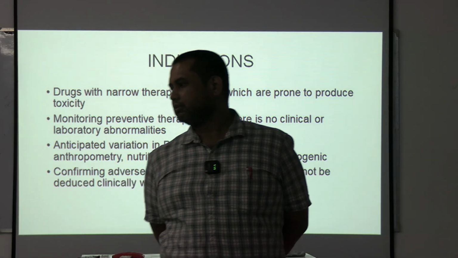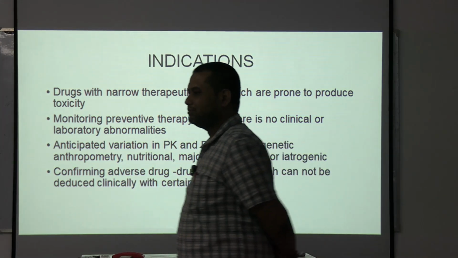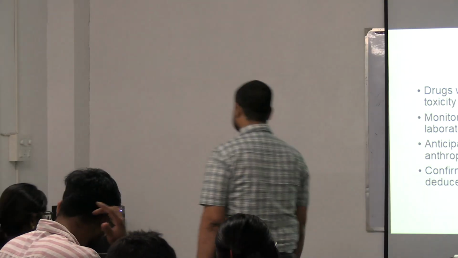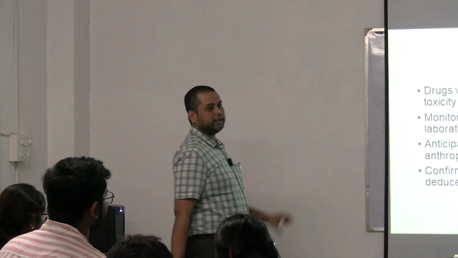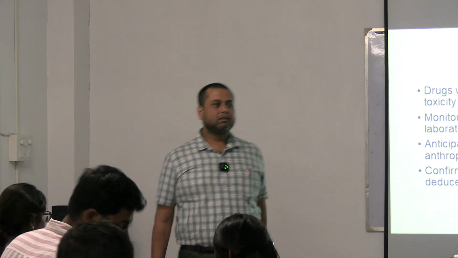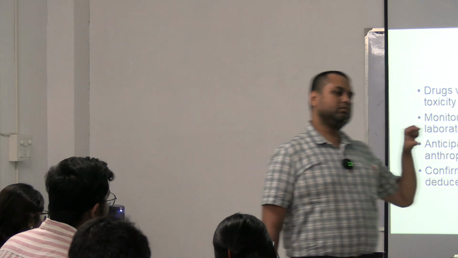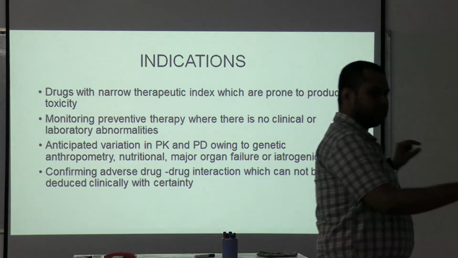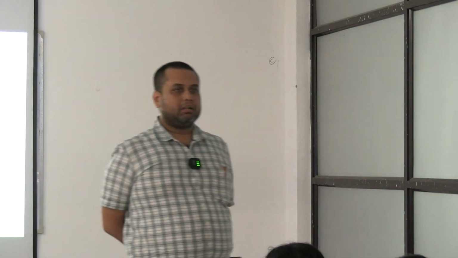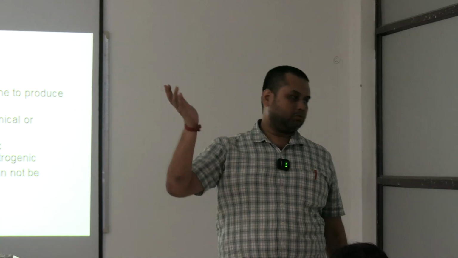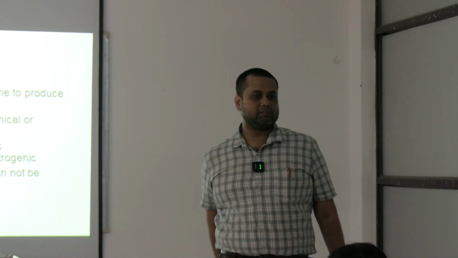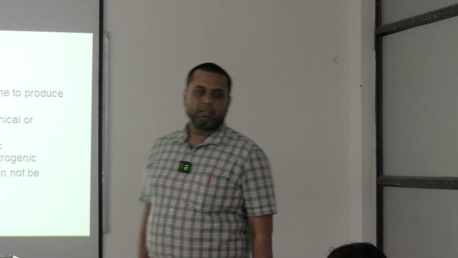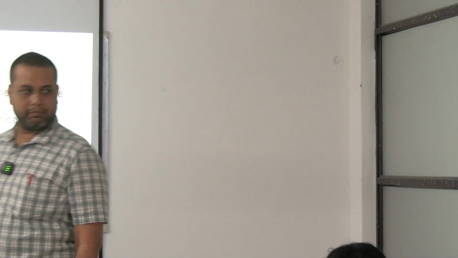So this drug has very narrow therapeutic index, so the concentration has to be maintained within a certain dose. The drugs like lithium, if it overshoot its concentration, it produces toxicity. If it goes below the concentration required, it would not produce desired effect.